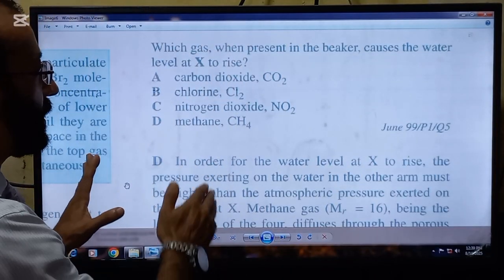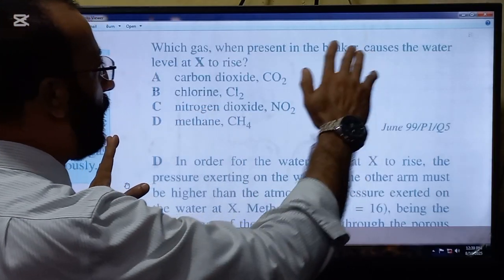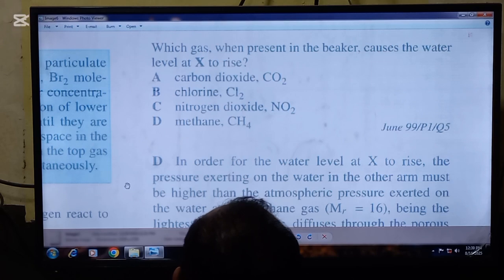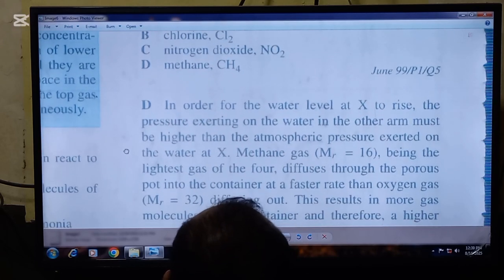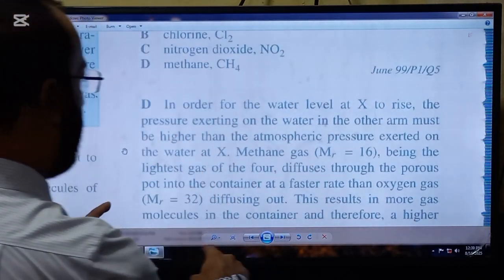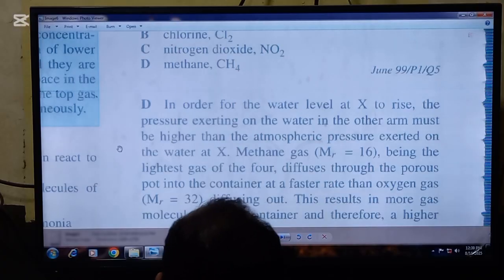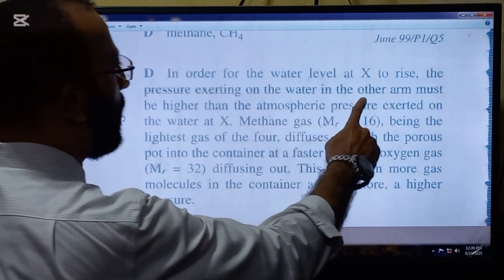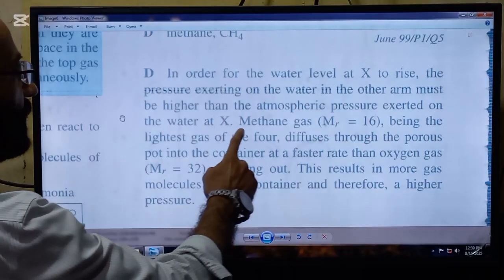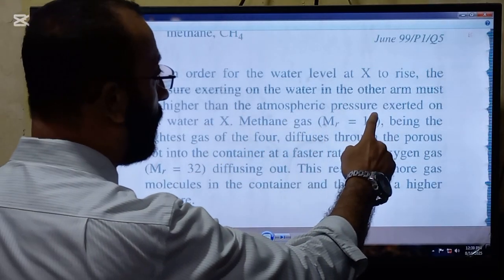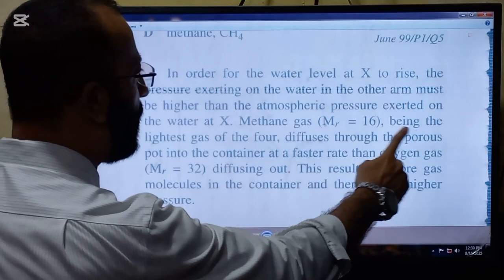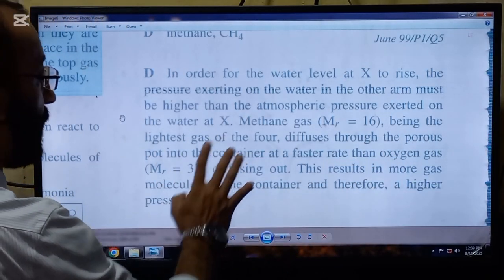So that will be the answer, because due to which the water level will rise above X. So you can see, after finding the relative molecular masses, D part will be the answer, and here is the explanation. In order for the water level at X to rise, the pressure exerting on the water in the other arm must be higher than the atmospheric pressure exerted on the water at X.